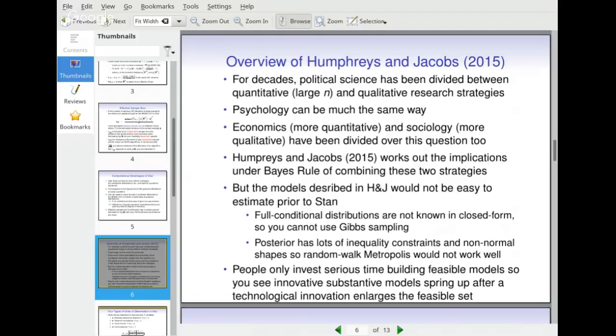But basically, the idea here, and if you have any familiarity with political science, I don't need to tell you that for decades, it's been pretty sharply divided between quantitative large N studies and qualitative small N studies. And when I'm talking small, it could be really small, like 2 or 1.